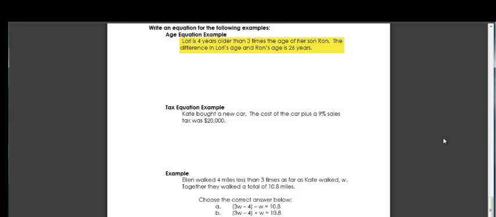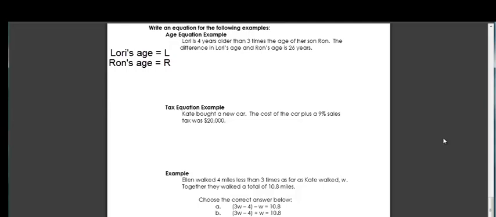And so I'm actually going to do this one a little different because I think it's easier to show you how to do this. We want to get one equation with one variable. Okay, but right now there's Lori's age and Ron's age, and we don't know either of those. So I'm going to let Lori's age be a capital L. I'm going to let Ron's age be a capital R. And I'm actually going to start with the second sentence because I think it's an easier one to come up with an equation for.